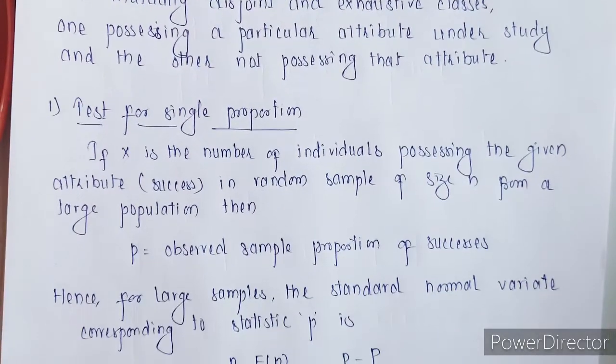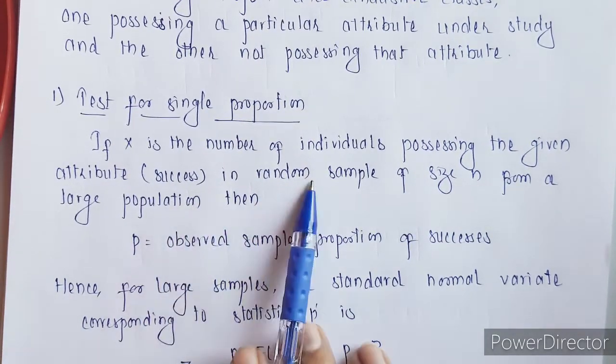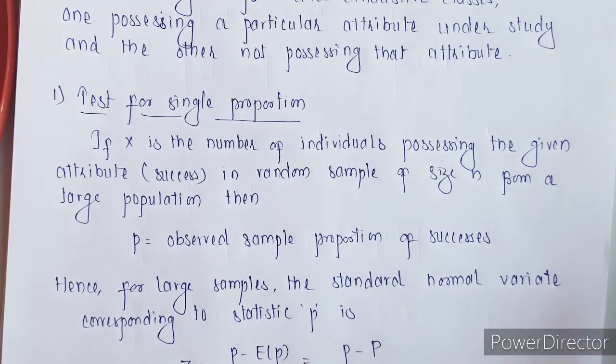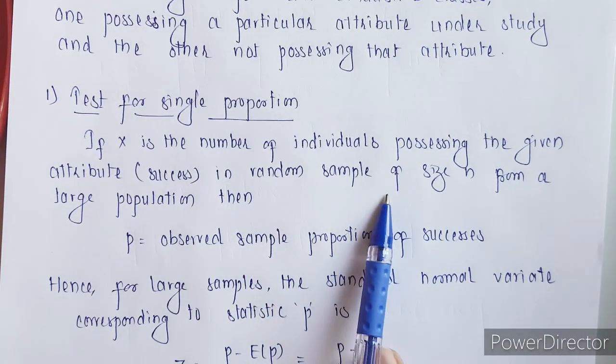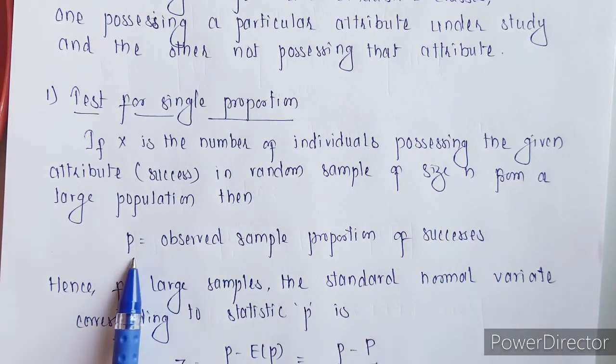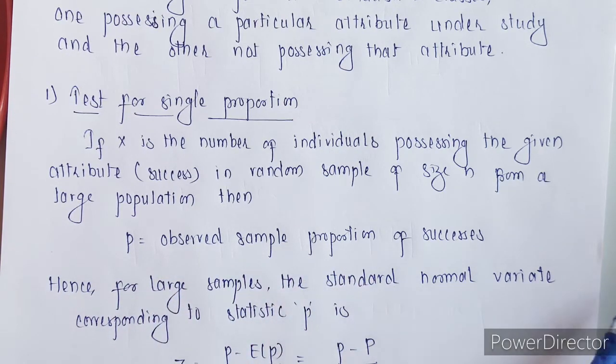Now first thing here we have is test for single proportion. Suppose X is the number of individuals possessing the given attribute. Basically we consider it as a success. In a sample of size n from a large population, this P, that is proportion for sample, is observed as sample proportion of successes.